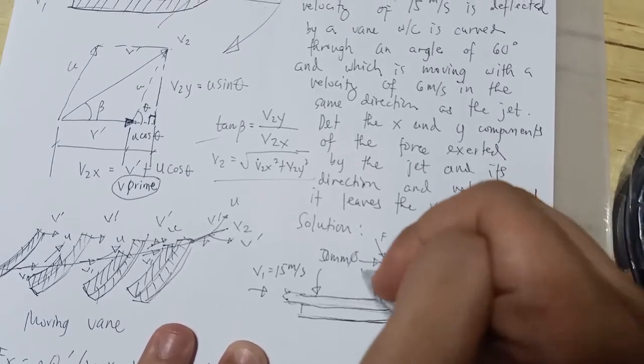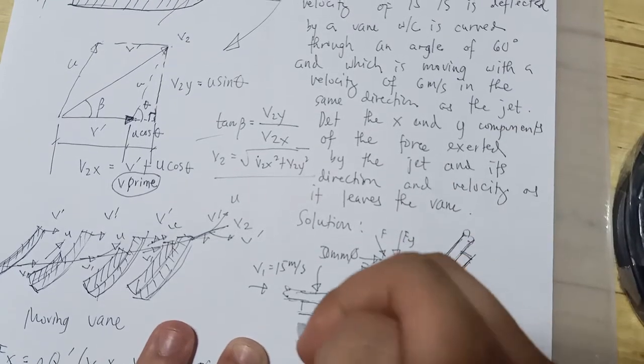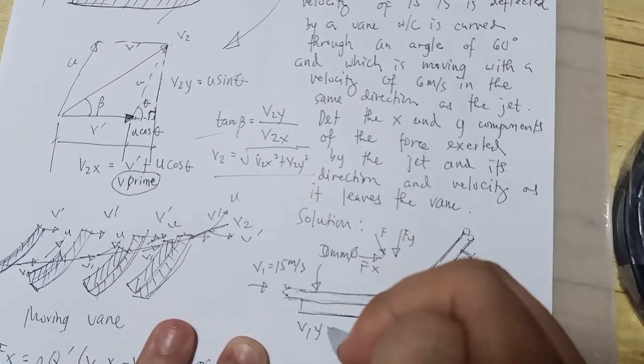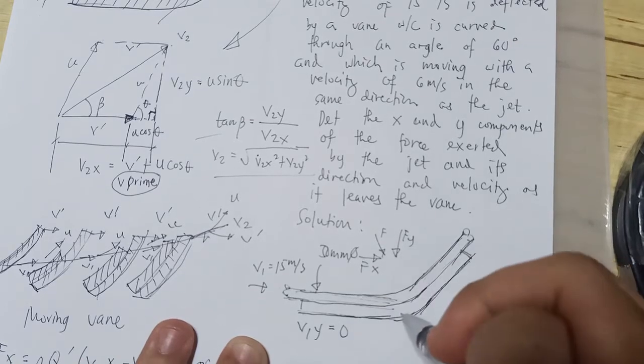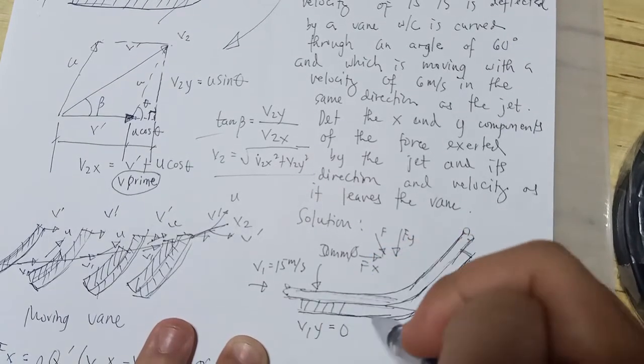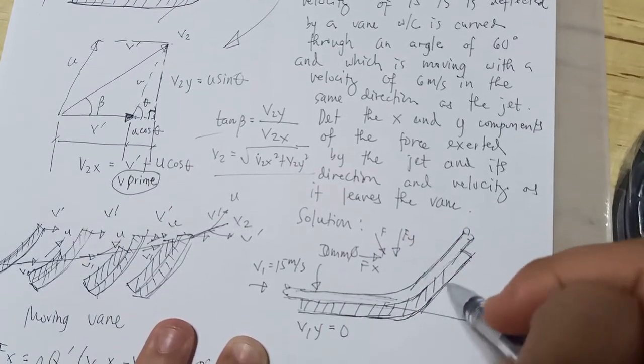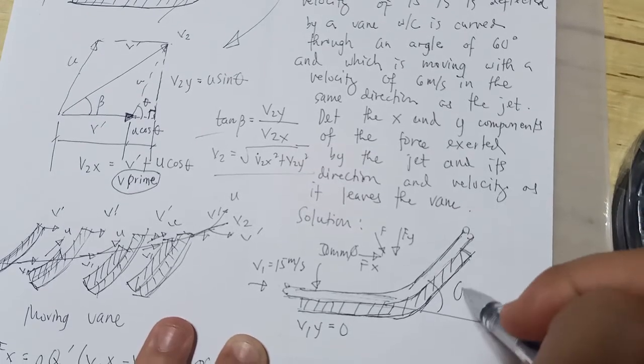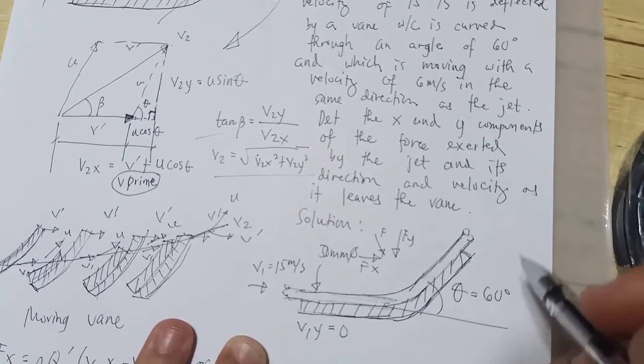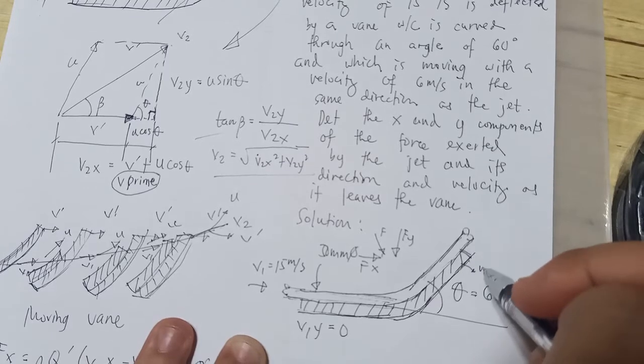Fy, Fx. Again, v sub 1y equals to 0, and the angle of deflection is 60. Again, this is a vane.